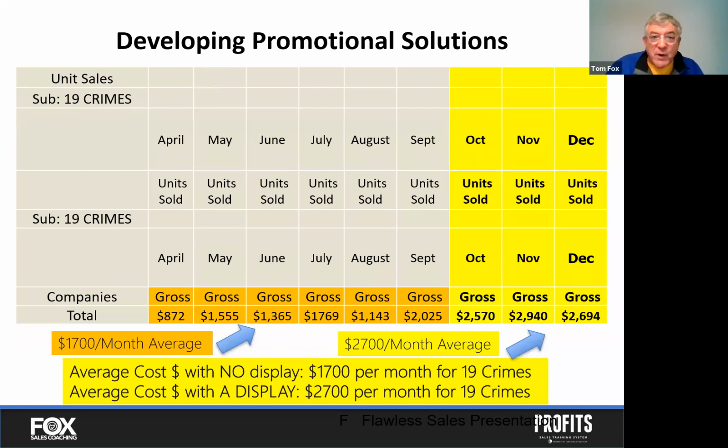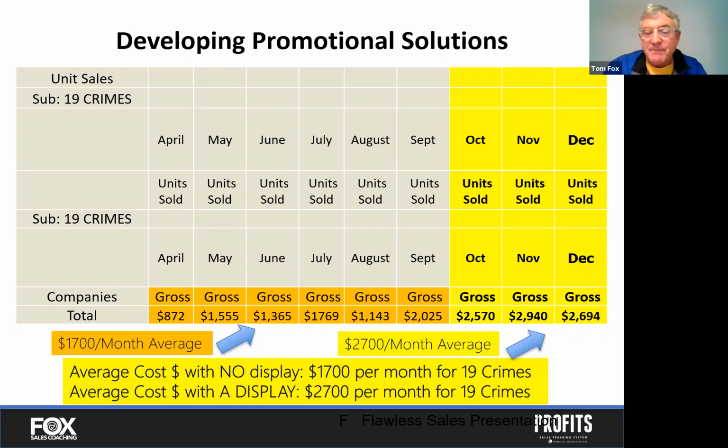So if you have an account where you have been given promotions, you can compare your baseline to your promoted levels. If you don't have any history in that account, you'll have to find a like account. In this example, if we knew this account was generating a 55, 60% lift, we could look at a different account that had never promoted us and say, okay, you averaged 1,000, a 60% lift is going to mean 1,600.